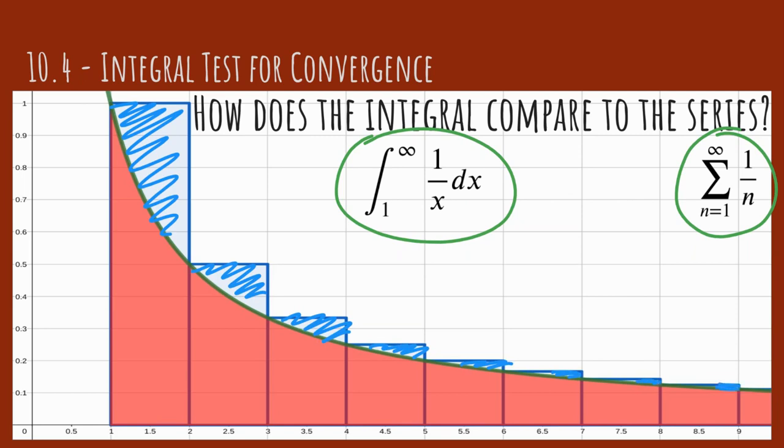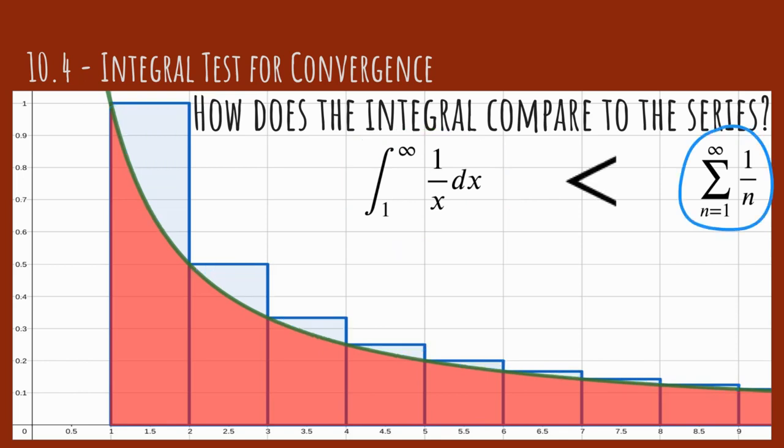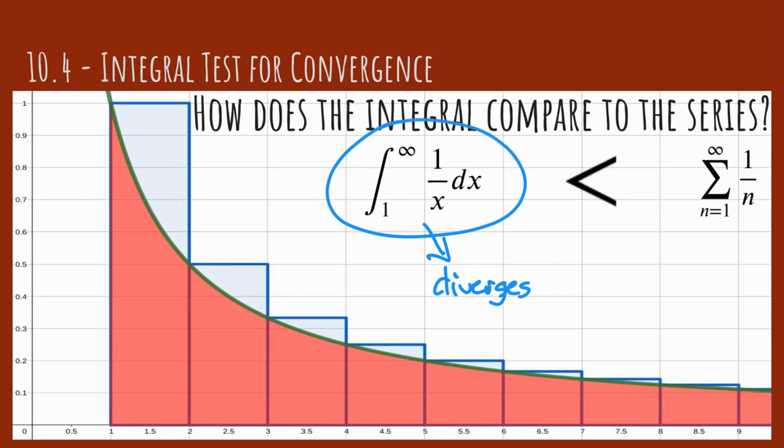That over approximation is getting smaller and smaller, but it's still always going to be an over approximation. So the area given by the rectangles, which is the harmonic series, is bigger than that integral. This integral, if we evaluate it using a limit, because that's how we evaluate improper integrals, diverges because the limit approaches infinity. Well, if this is growing infinitely big and this is bigger, then that harmonic series should also diverge.